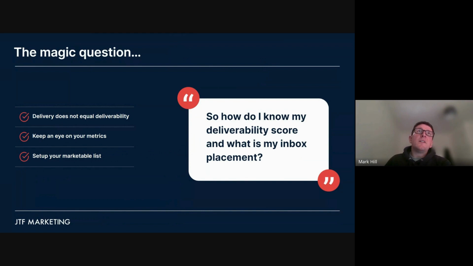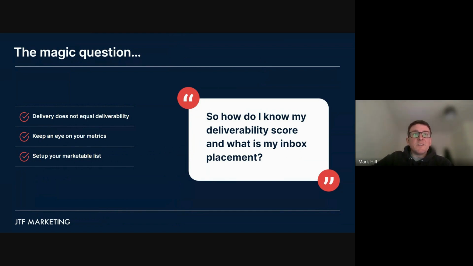Obviously, there've been some changes recently where open rates are not quite as useful as they used to be, because there are a lot of automated opens now. But you can still use that. You can take a view on if there's any change, at least in the rate, and then you can use that to identify.